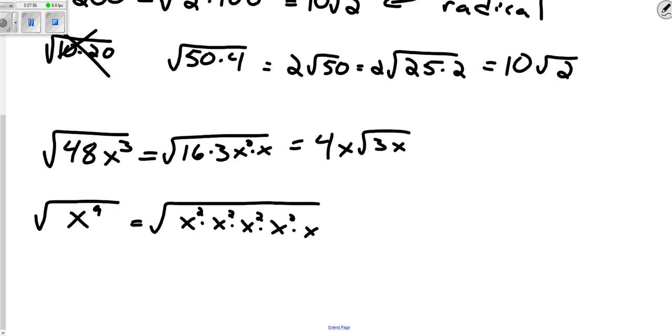Square root of x squared is x, square root of x squared is x, square root of x squared is x again. So you take the square root of each one of these. And then what's x times x times x times x?